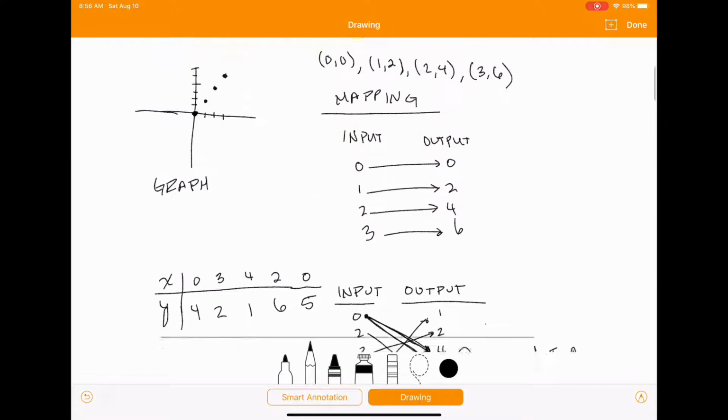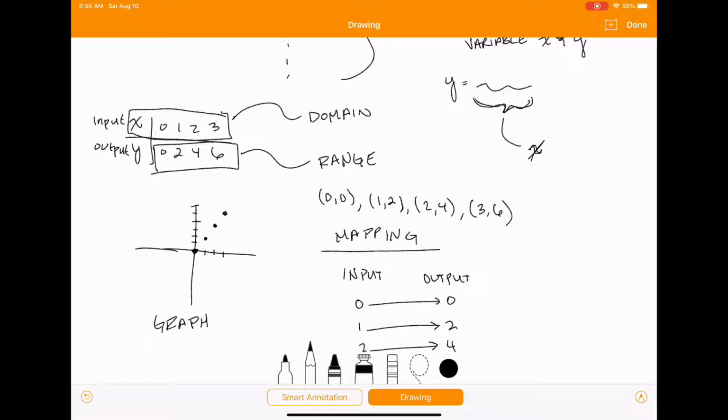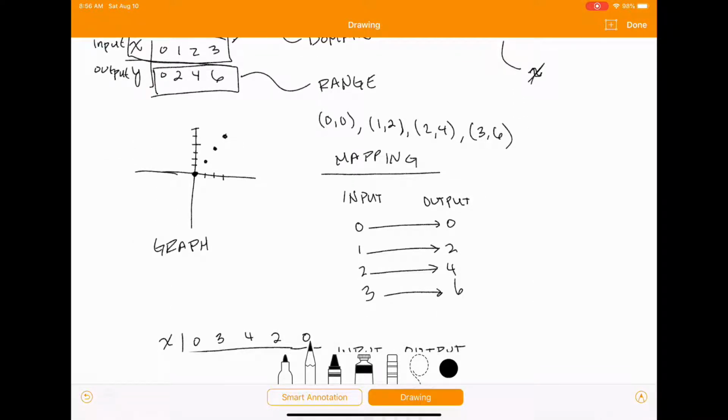However, if you wanted to check for a function from a graph, you're going to use something called the vertical line test. So what you're going to do is you're just going to take this vertical line and move it all the way across your graph.